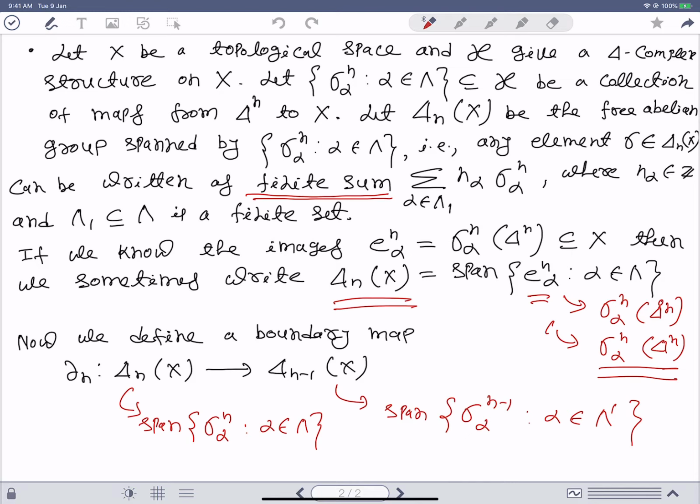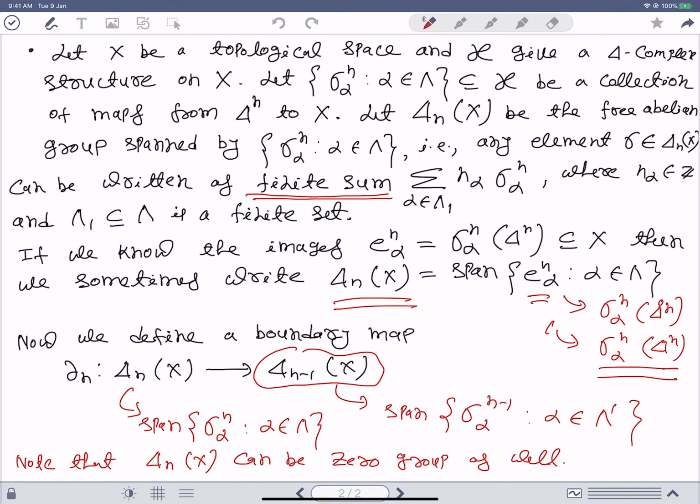So that means if we have a delta complex structure, we can define all of these Delta_n, right, and then we can define a boundary map. And here note that this Delta_n(X) can be the 0 group as well.